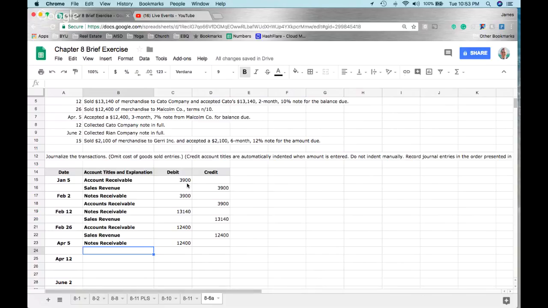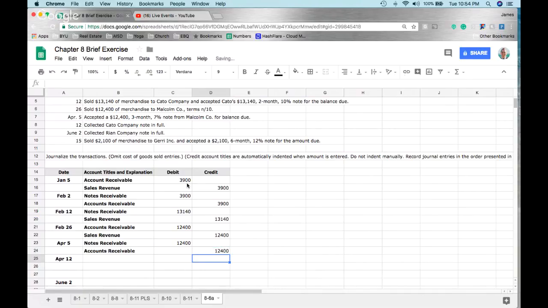And this would be accounts receivable. These are all accounts receivable because we're giving away or we're selling merchandise. And hopefully we'll receive the money.